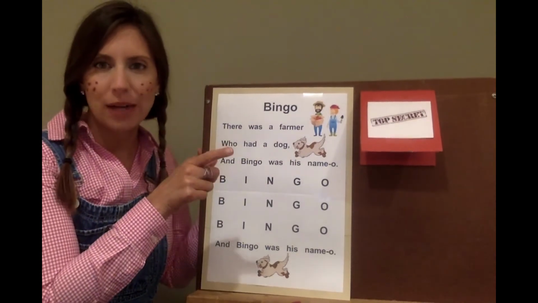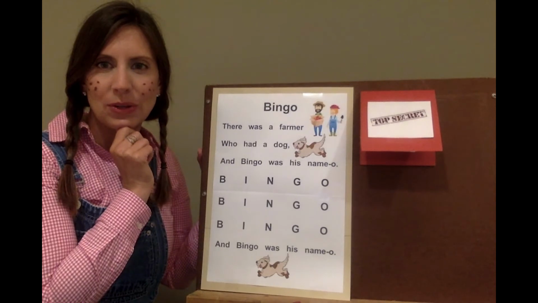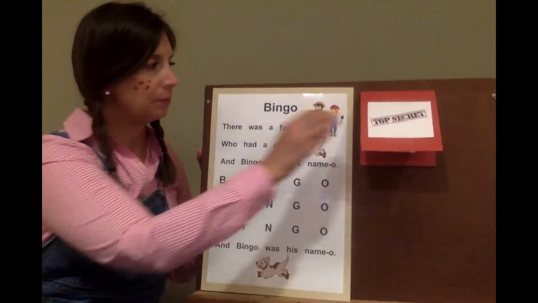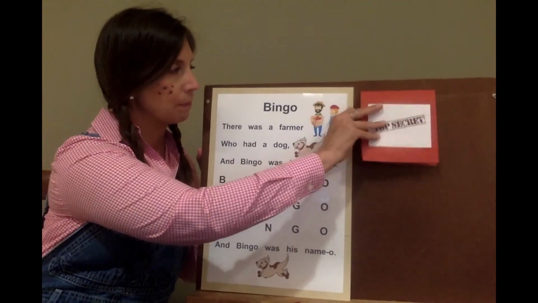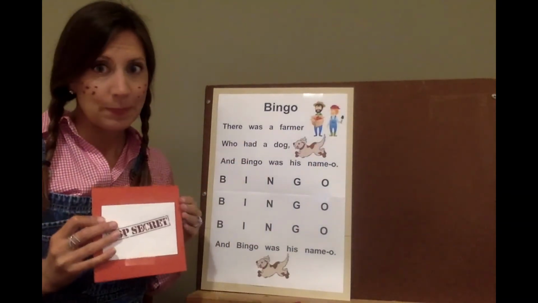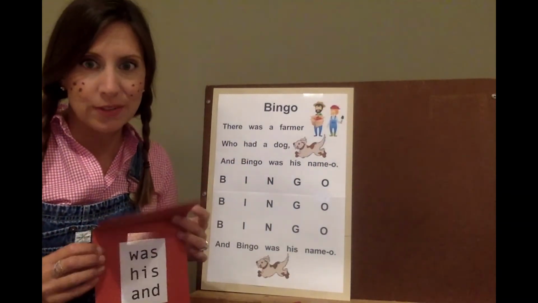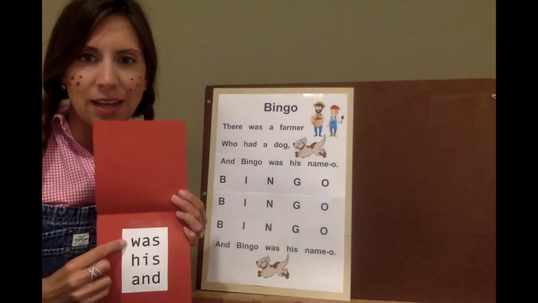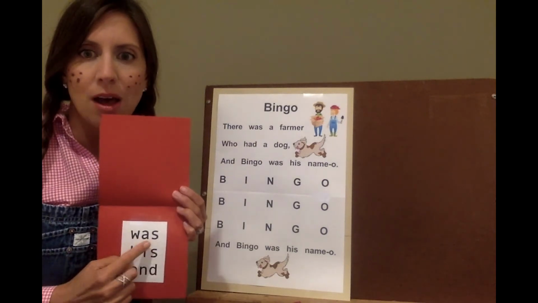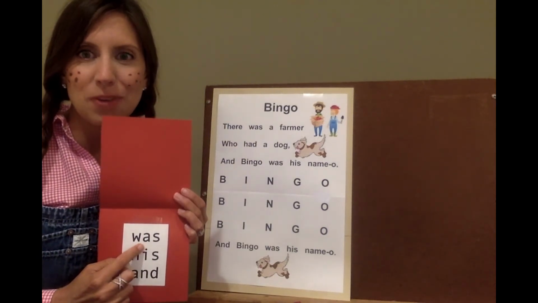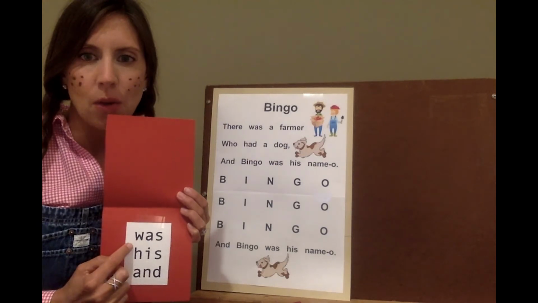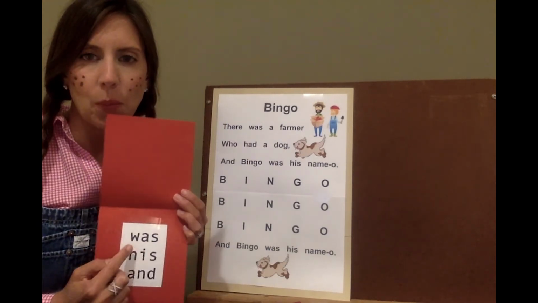Now, let's go back to our top secret words. Let's take a peek. The first top secret word is the word was. Look, there's that special A in there. Was.